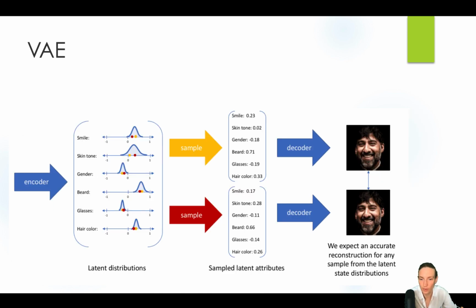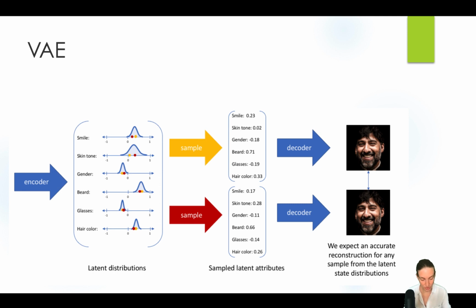So here we're actually constructing our encoder such that it outputs a range of possible values, a statistical distribution, from which it'll randomly sample to feed into our decoder model. For anything that's sampled from these latent distributions, we're still expecting our decoder model to be able to accurately reconstruct the output.